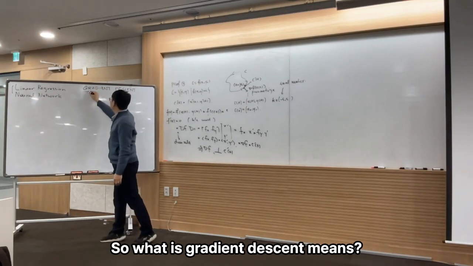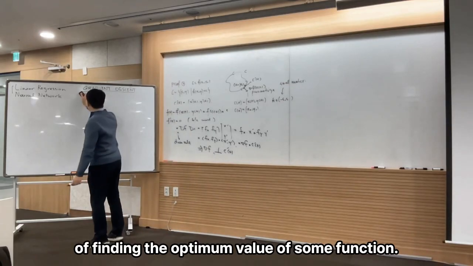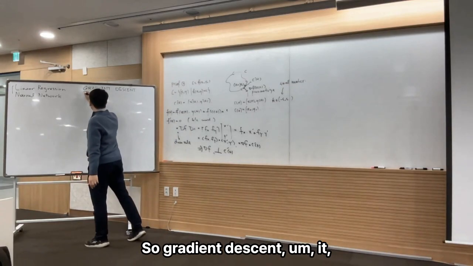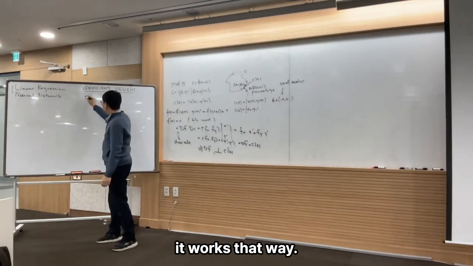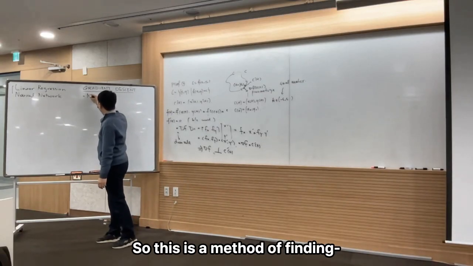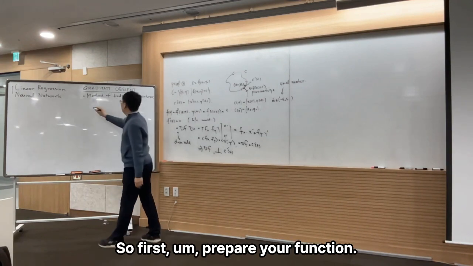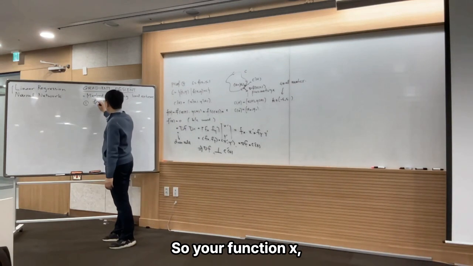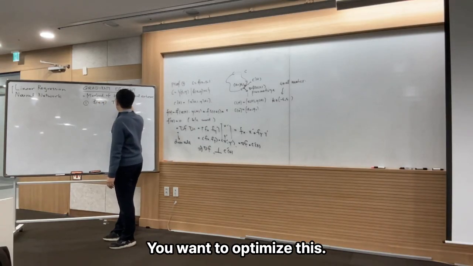So what does gradient descent mean? It's just a method of finding the optimum value of some function. It is a method of finding a local extreme. First, prepare your function f(x, y), the target function you want to optimize.